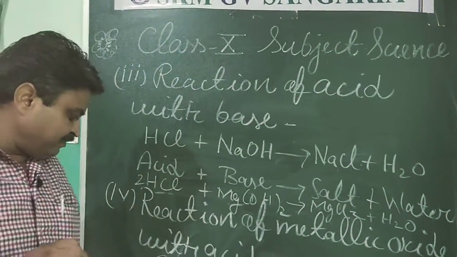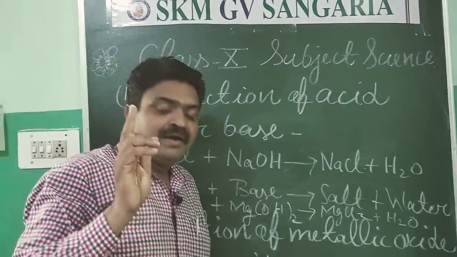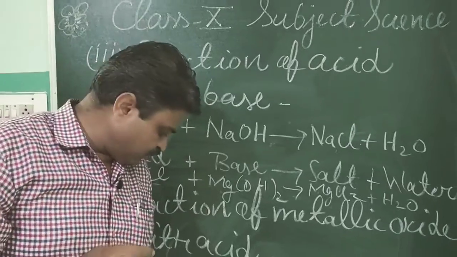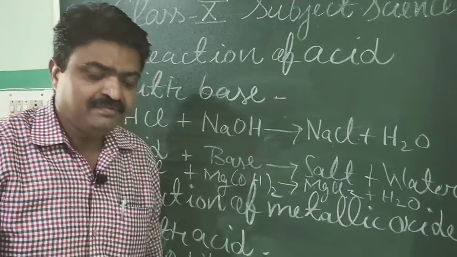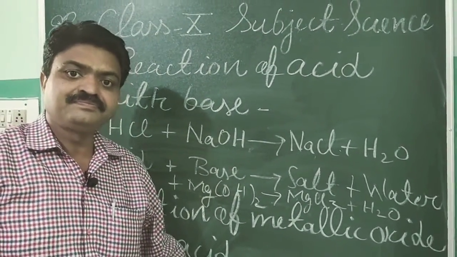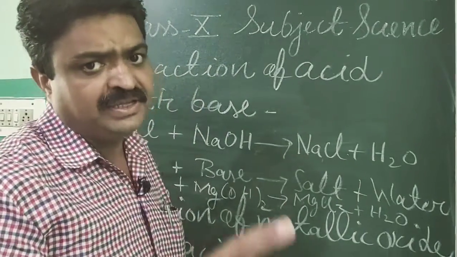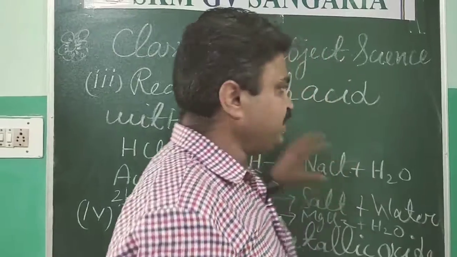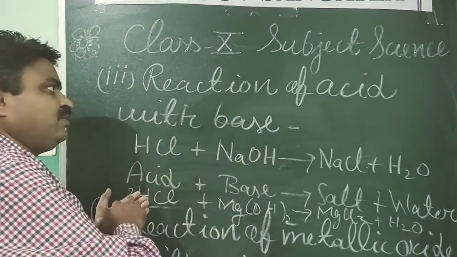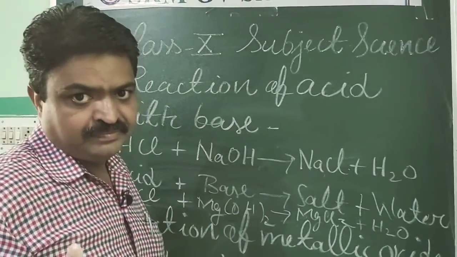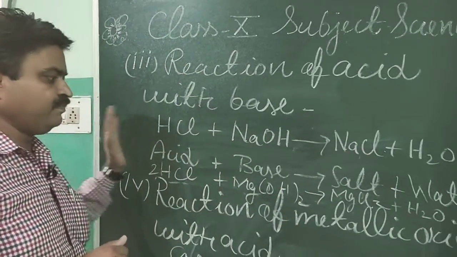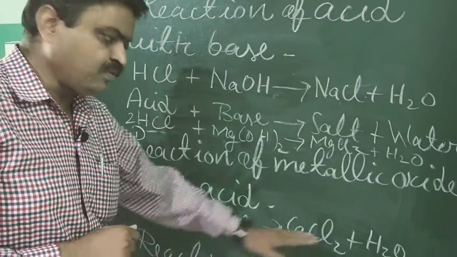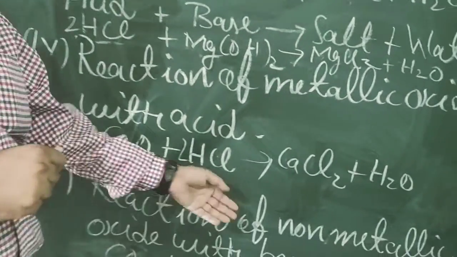So when the non-metallic oxides have the acidic nature, and those non-metallic oxides are reacted with base, then they also form salt and water. So it is about the reaction of acid with base, reaction of metallic oxide with acid, and reaction of non-metallic oxide with base.